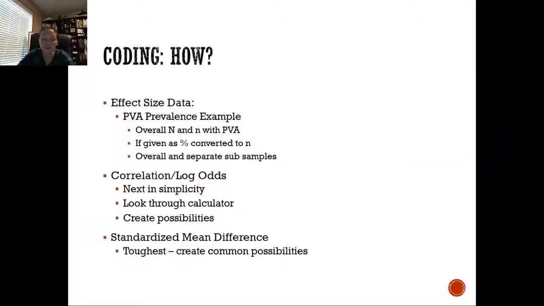The next piece that you'll need is that lovely effect size data. So let's look at some different types of effect sizes and examples. So if we're looking at a central tendency project and we wanted to estimate the prevalence of parental verbal abuse across the literature, we're basically going to need an overall N of the overall sample, and we're going to need an N of the group that ended up experiencing parental verbal abuse.